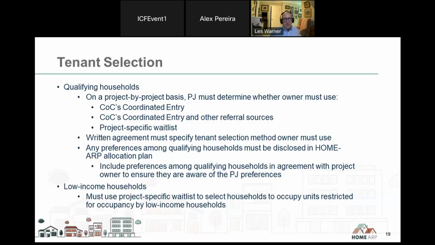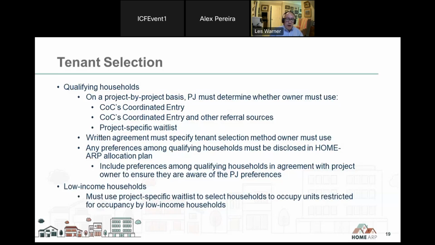Let's talk a little bit about tenant selection. So we may have two different paths here. For qualifying households, these are going to be designated on a project by project basis. This is something that the PJ would be reviewing and determining what that tenant selection and probably marketing outreach process would be.